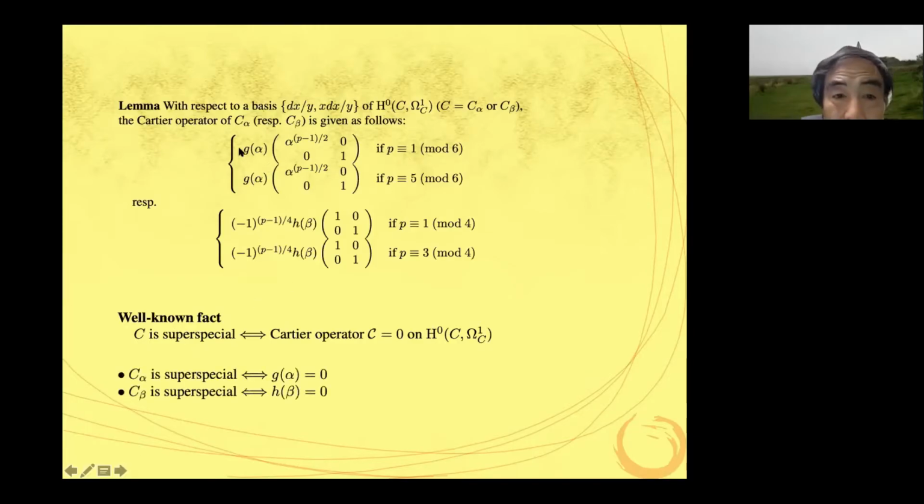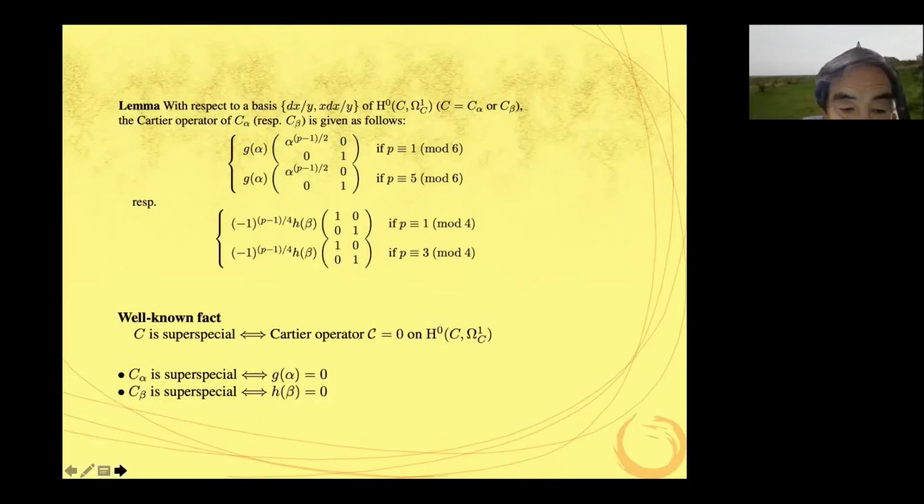So when this matrix is 0, that is, if and only if G alpha is 0. So C alpha is superspecial if and only if G alpha equals 0. And also C beta is superspecial if and only if H beta is 0.